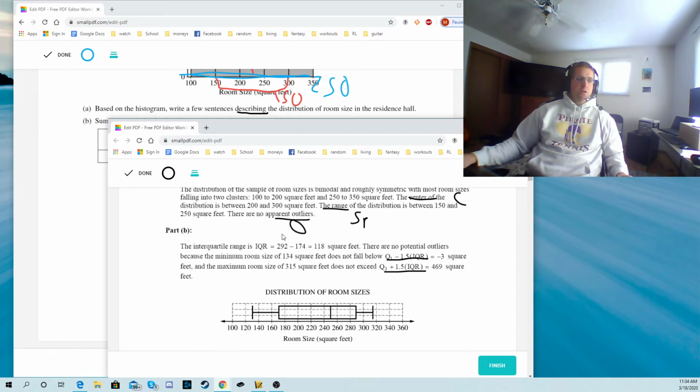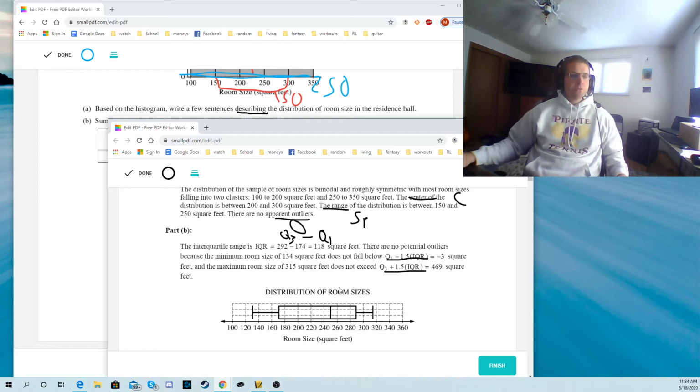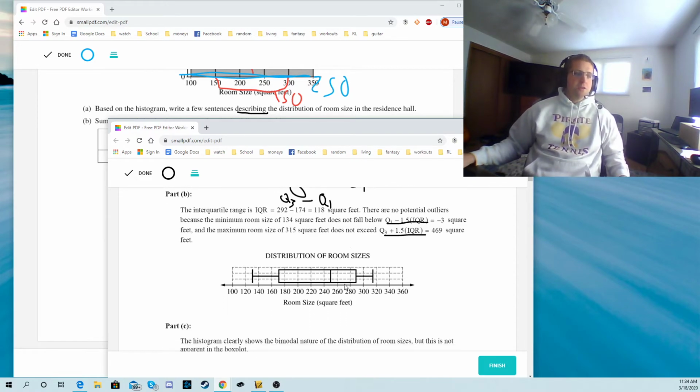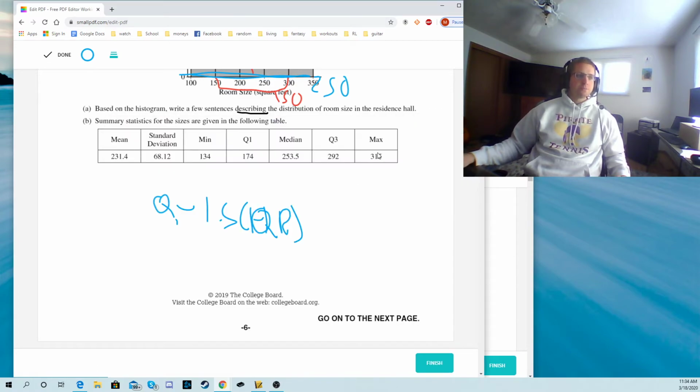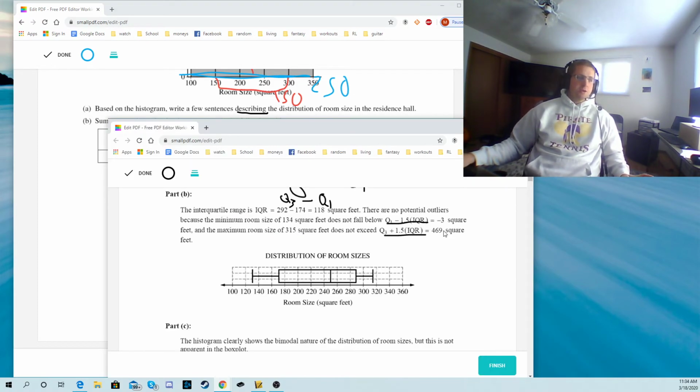It's Q3 minus Q1. And it looks like there were no outliers because the min or the max did not fall outside of those boundaries. Because if any of the points landed past -3 or past 469, which... the max was only 315, the min was only 134. So they are all within those boundaries, so we're good there.